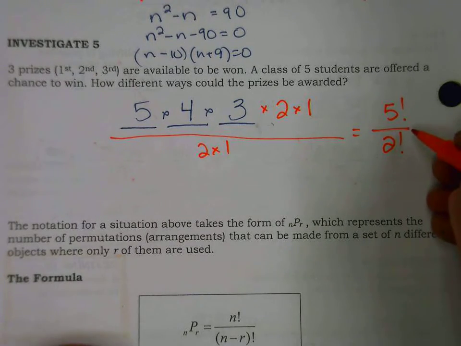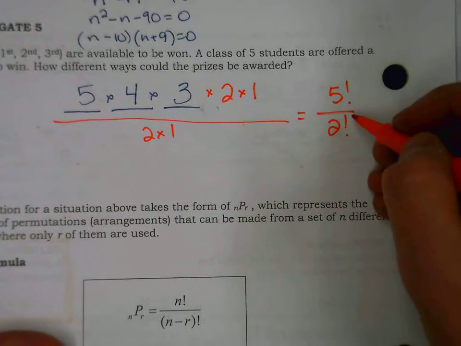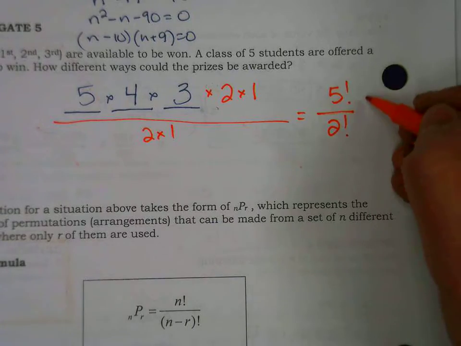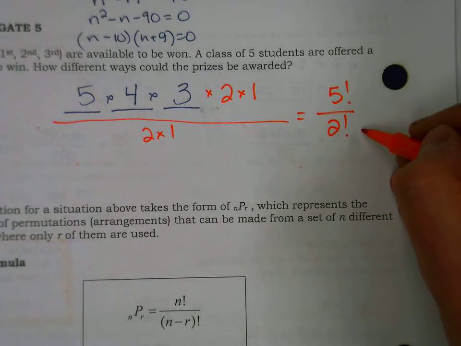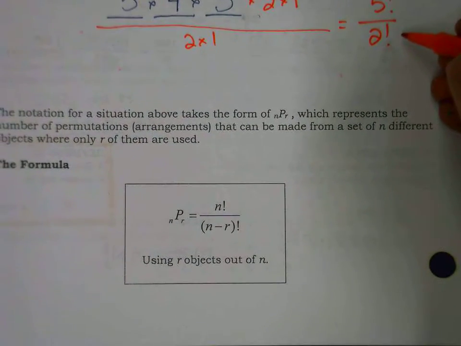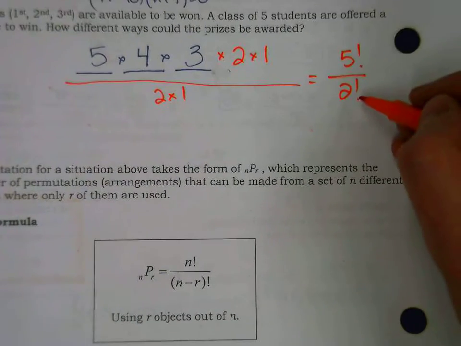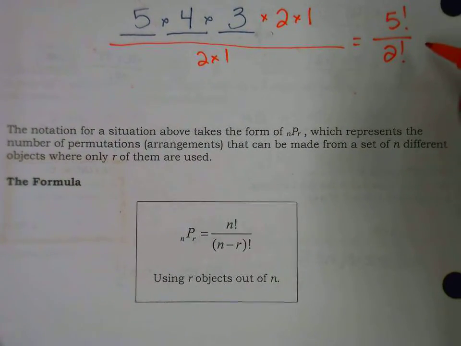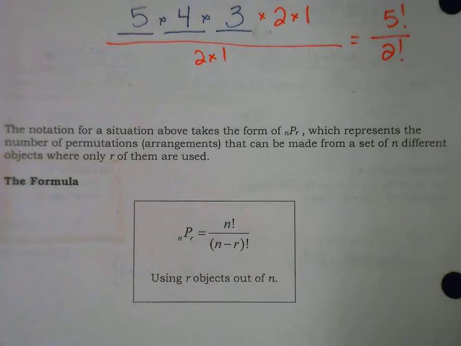Now, that might be a little bit of an intense bit to remember. So what we actually have built is this idea of keeping factorials and creating a formula for that. So I'll come back to the 5 factorial over 2 factorial as we examine a new formula that makes our lives quite a bit simpler.